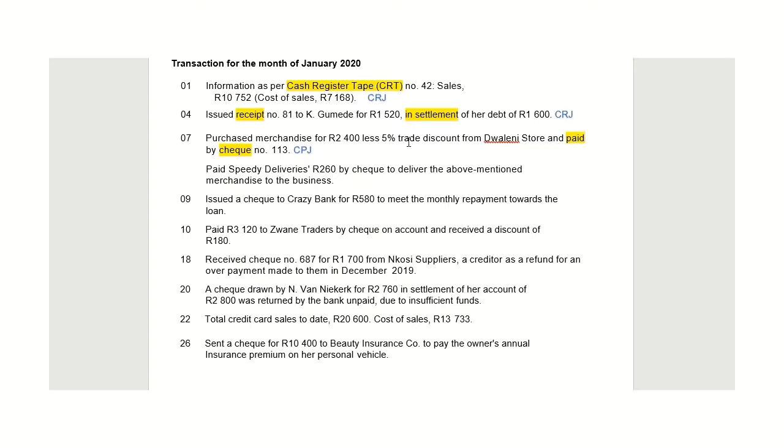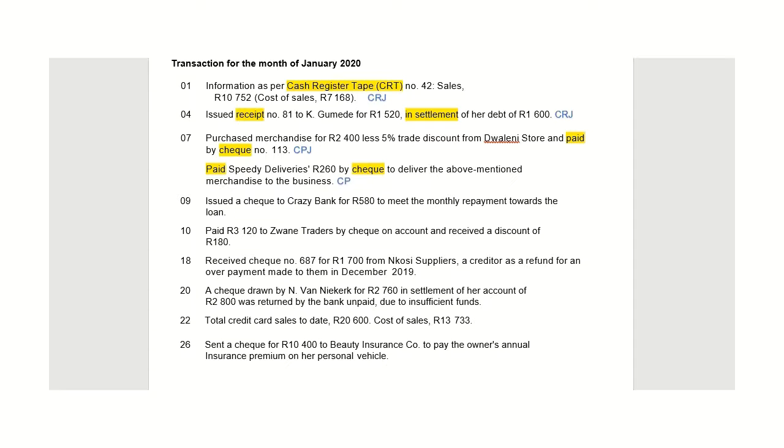And still on the seventh, more than one thing can happen. This is one individual transaction. Now there's another transaction. Again, pay, keyword, 260 by check, another keyword, to deliver the above mentioned merchandise. So we pay and it is with a check, so it's CPJ.